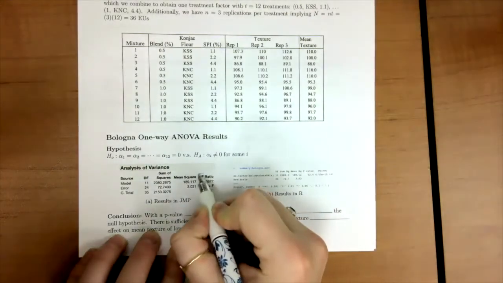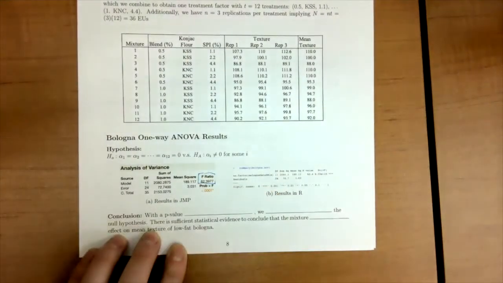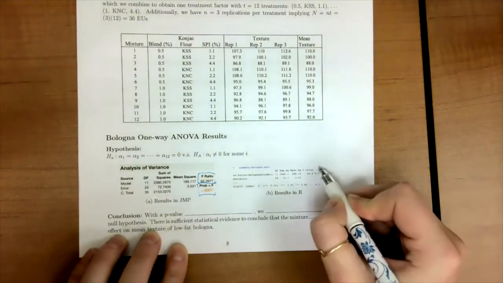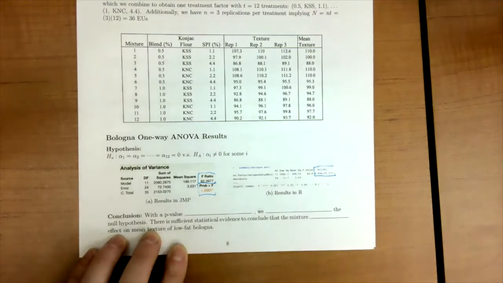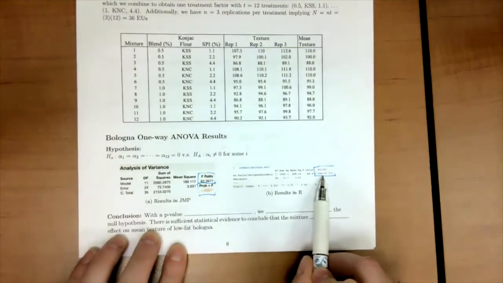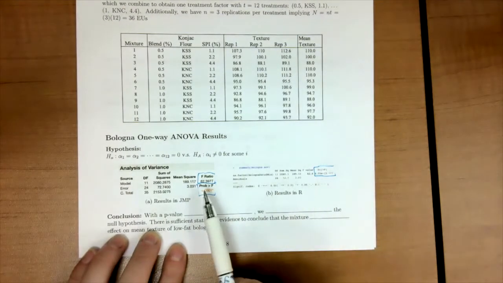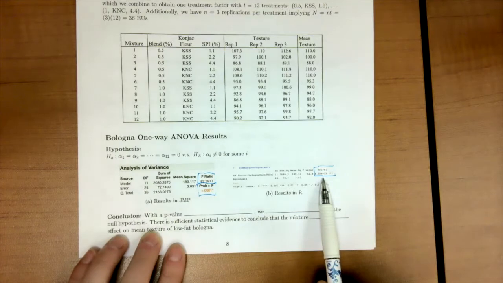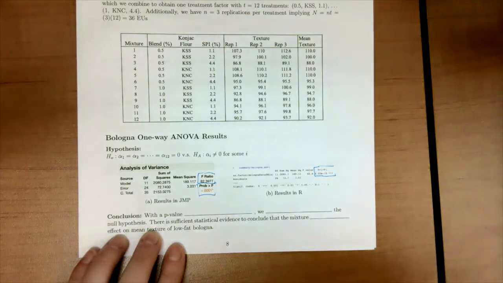We can see that we have a large F value, which results in a small p-value, the p-value over here for R. Now you might be saying, hey, these look different, but really they're not. JMP is saying that the p-value is super, super small, whereas R gives you some machine precision type answer.